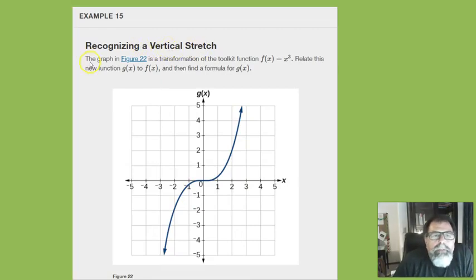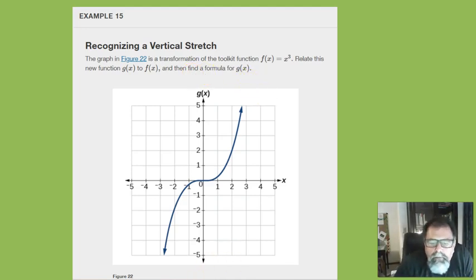Recognizing a vertical stretch. The graph in figure 22 is a transformation of the toolkit function f of x equals x cubed, right, our cube function. Relate this new function g of x to f of x and then find a formula for g of x.